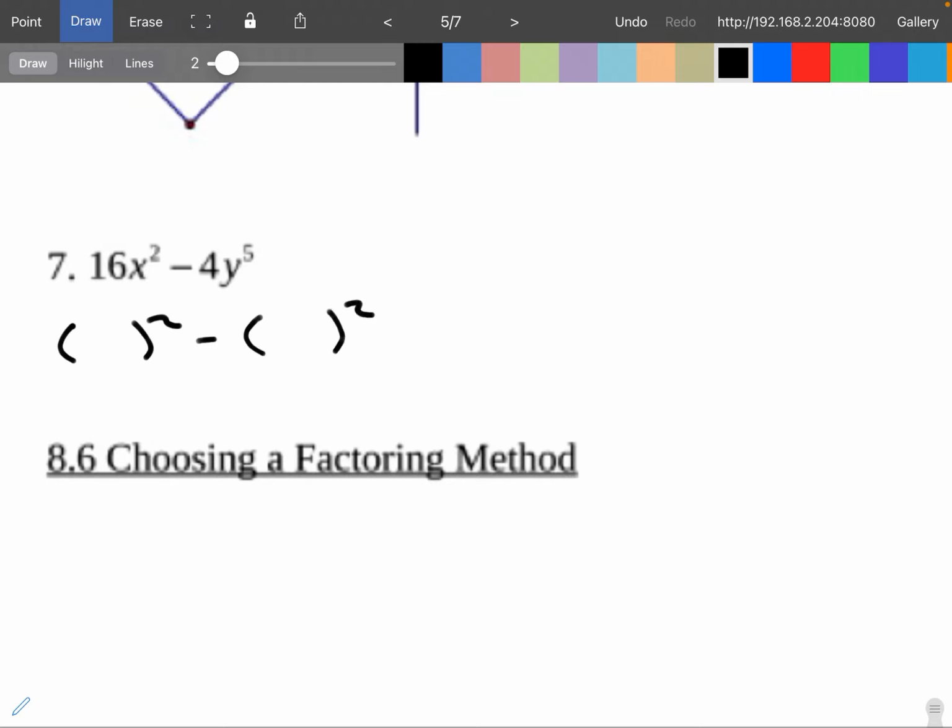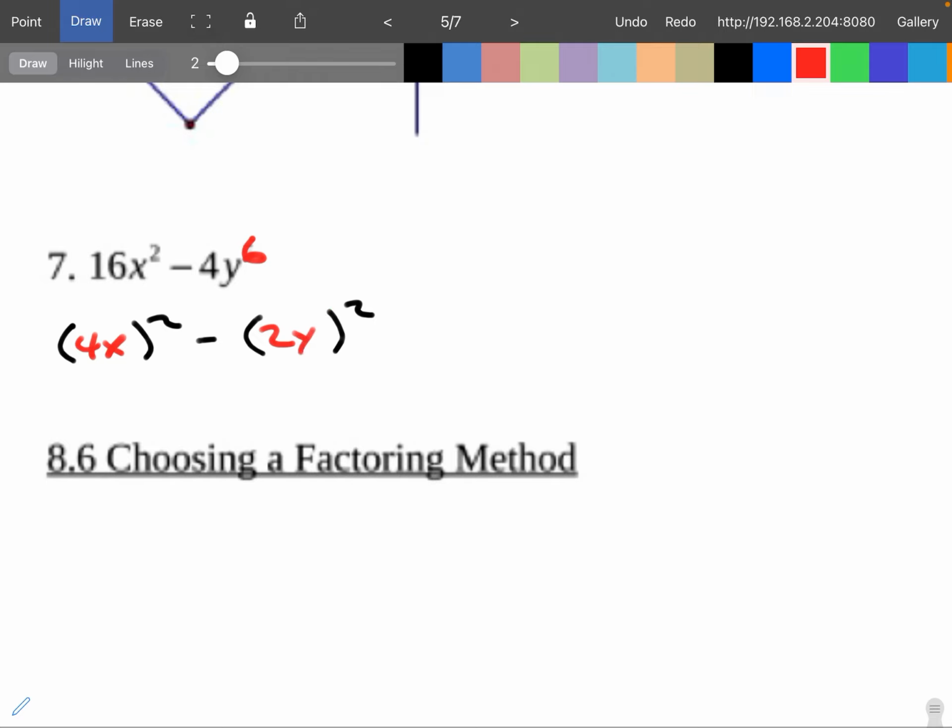So again, you're tempted to think of this as something squared minus something squared, right? Well, what would you square to get 16x squared? It'd be a 4x, right? And then for that next term, what would you square to get the 4? A 2. But do you see that the y doesn't work? You got an odd power on the y. That's not going to work.